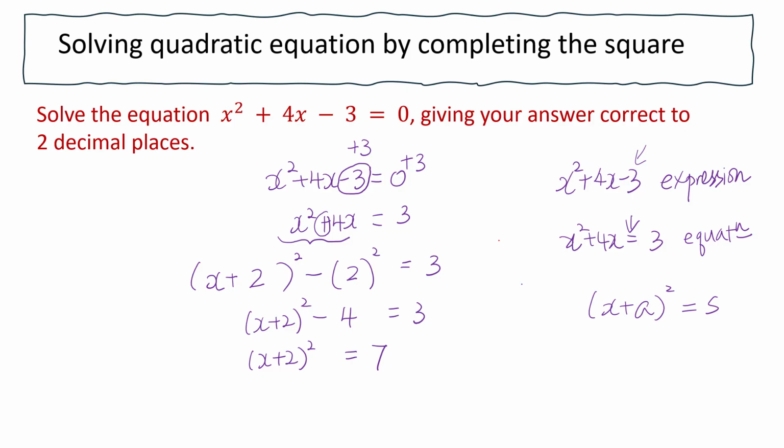All right, so the next step is x plus 2 can be equal to positive square root 7 or negative square root 7.